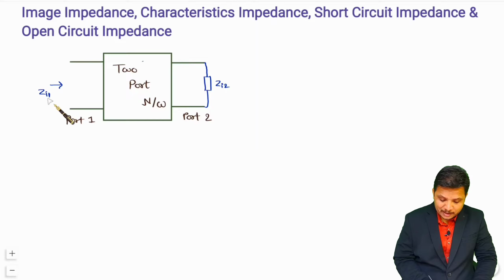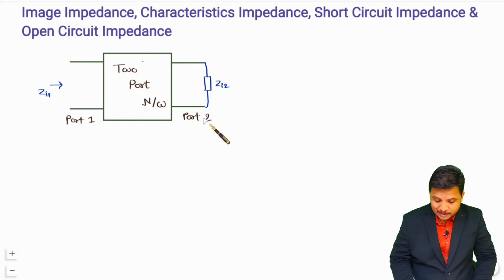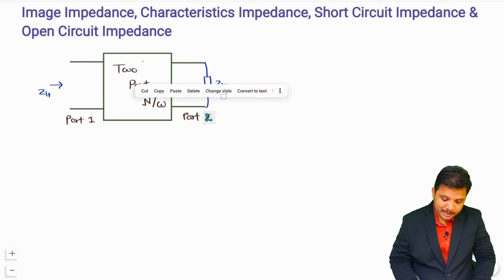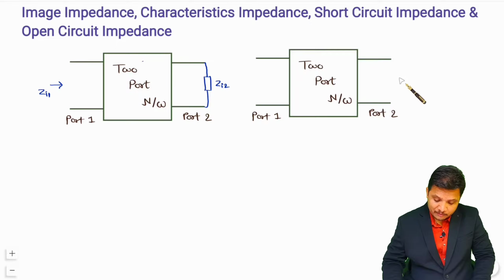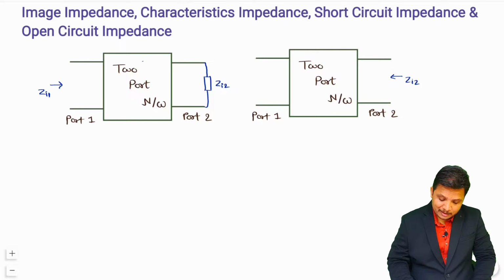So when you measure impedance at port 1 and it is Zi1, it is compulsory that at port 2 there should be the image impedance of port 2, that is Zi2. And the same thing applies if you measure Zi2: you will have to connect Zi1 over here.